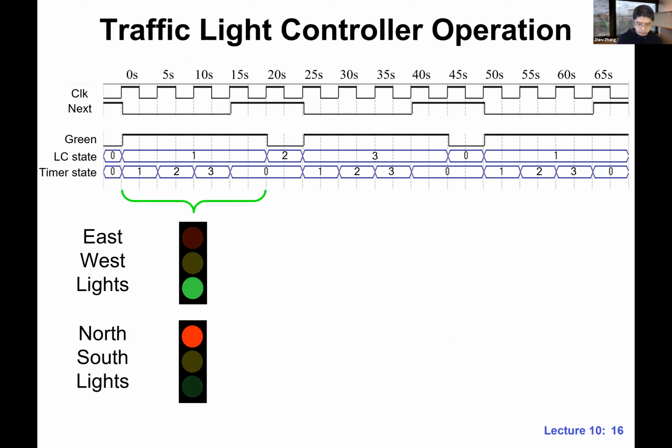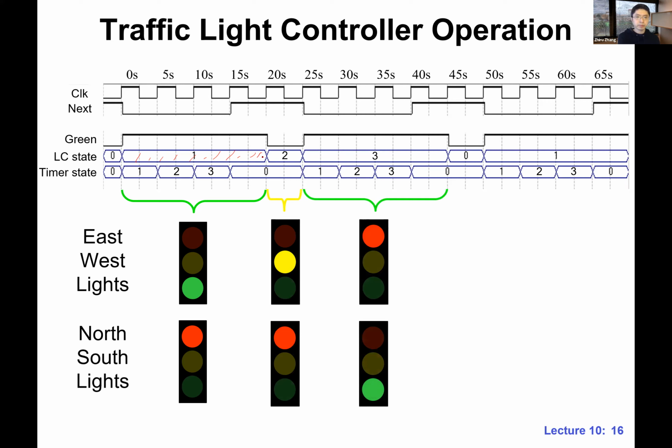The light controller will stay in state 1, which is one of the green states, for 4 clock cycles. And the timer will count up 1, 2, 3, 4, and then stay there for one more clock cycle for the yellow light, and then we repeat.